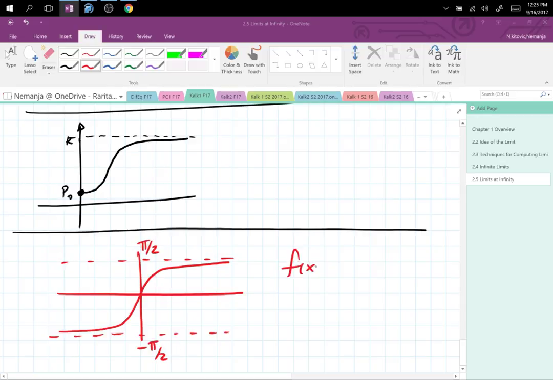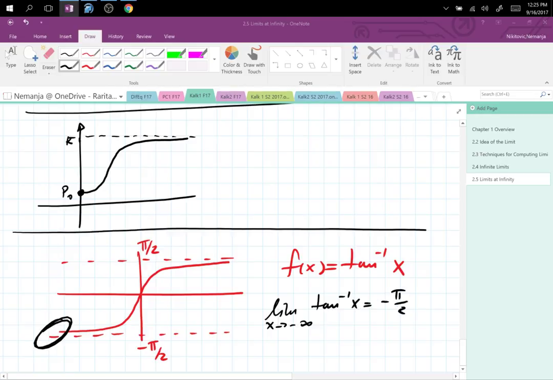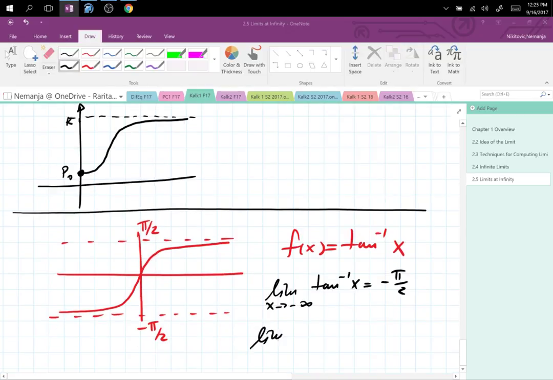The function f of x is inverse tangent of x, and we actually have two horizontal asymptotes. The limit as x goes to negative infinity of inverse tangent of x is negative pi over 2, which is this thing over here, and the limit as x goes to positive infinity of inverse tangent of x is positive pi over 2.